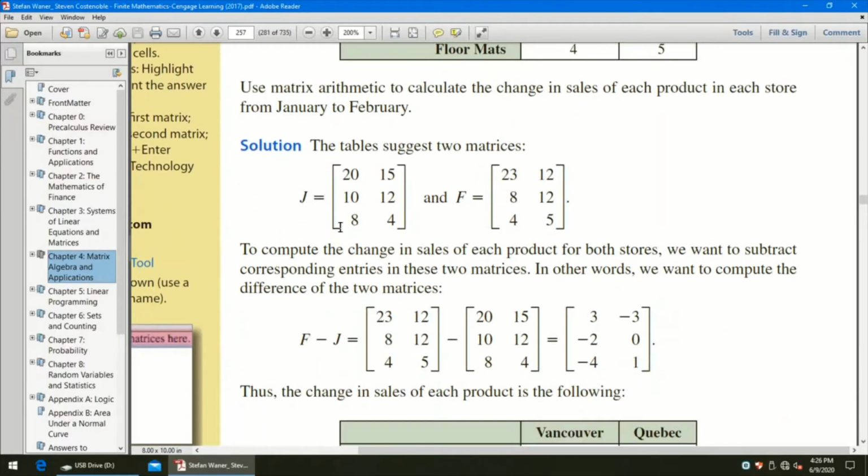Now this J will be subtracted by this, so minus 23. If you're just supposed to be subtracting to find out how you subtract, you're just going to subtract 20 and 23.